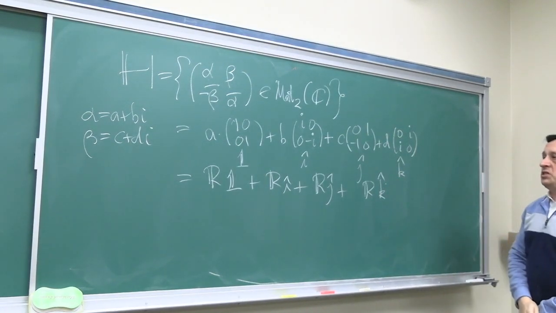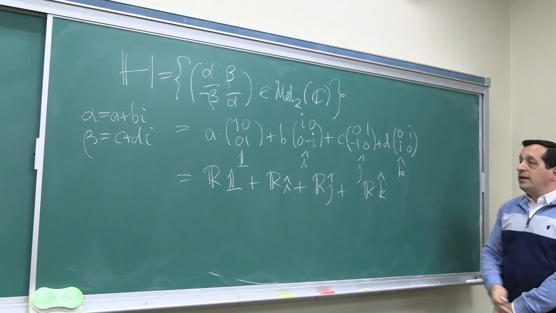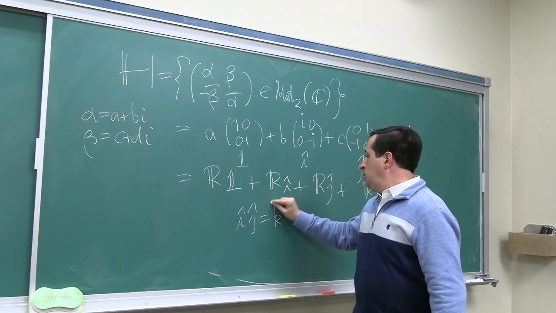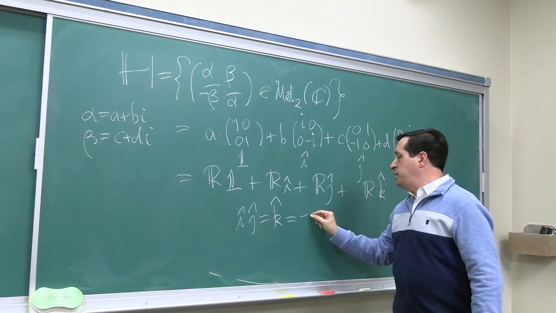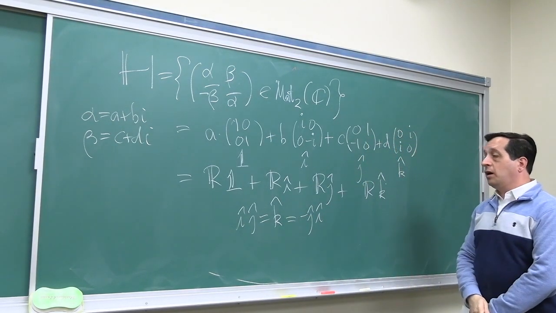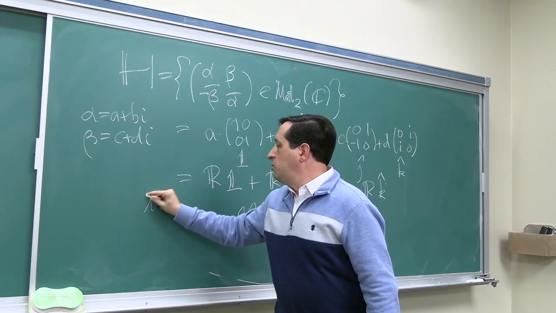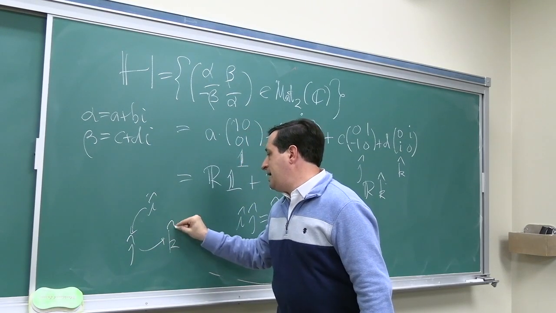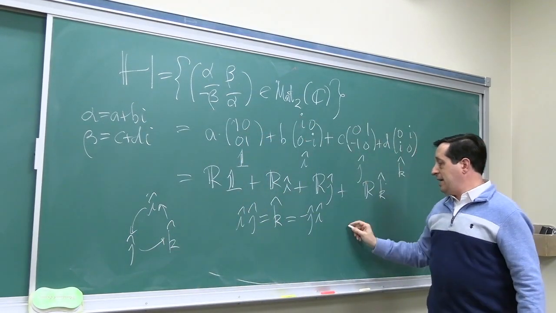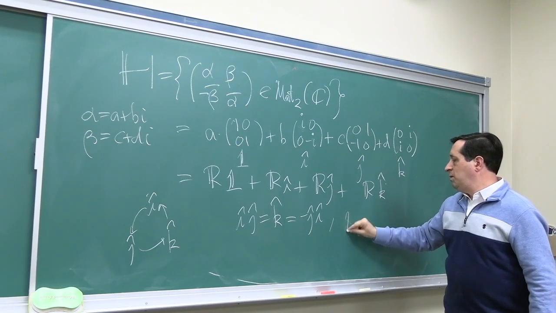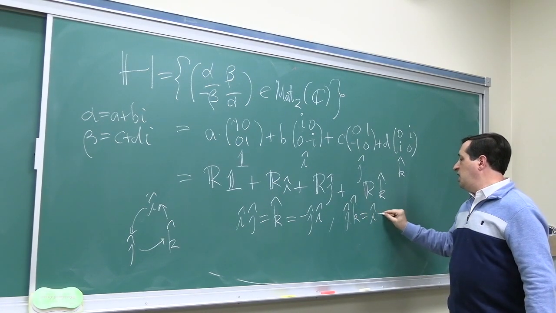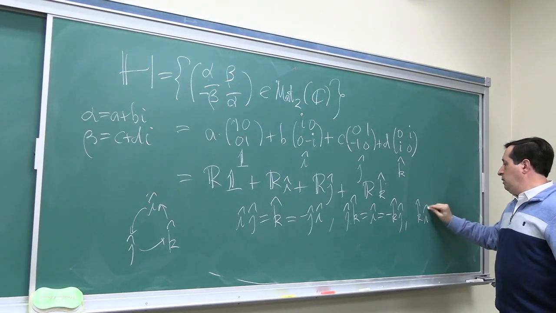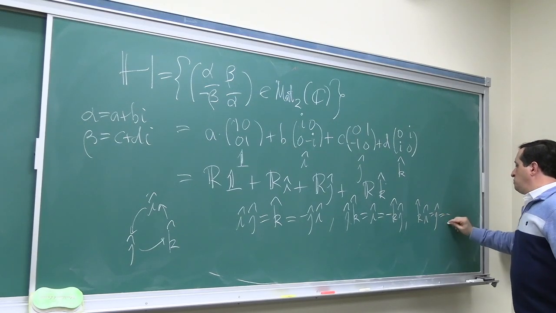So this is a collection of matrices that's four-dimensional over the reals, and then one just calculates directly that if you multiply i and j, you get k, and that happens to be the negative of j times i. More generally, one writes a little cyclic picture, i, j, and k going around. ij equals k, jk equals i, and ki equals j, with minus signs the other way around.